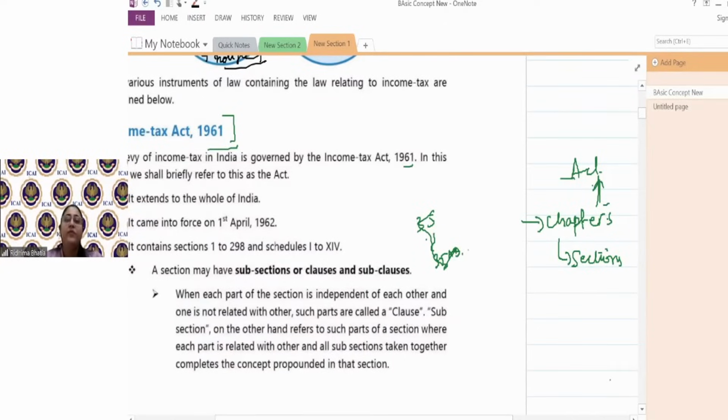Necessary or not, मतलब every section would not have AD, AB; some sections would have those parts. So the chapters are divided into sections, sections are further divided into subsections, and subsections are then further divided into clauses, subclauses, and so on. Okay?